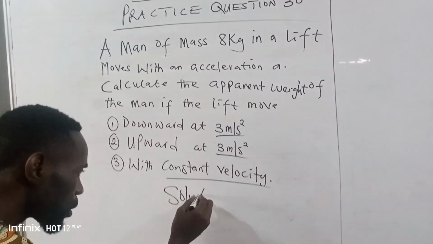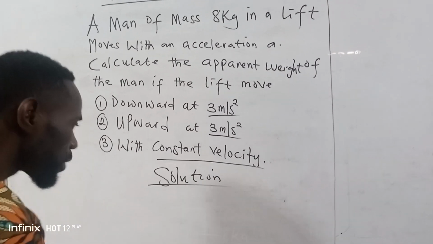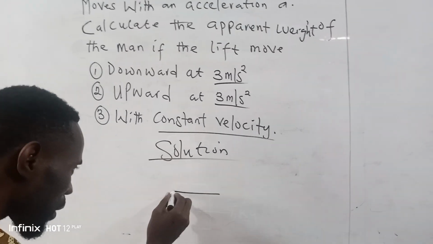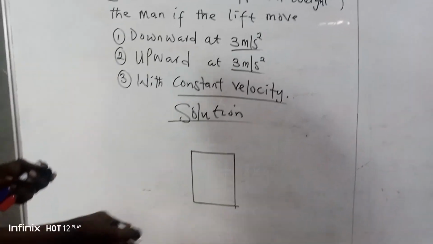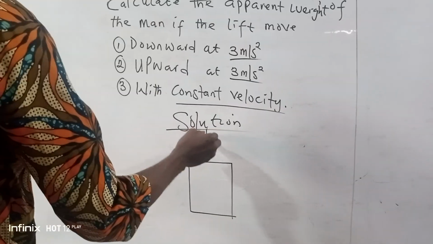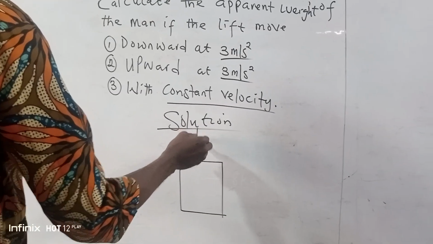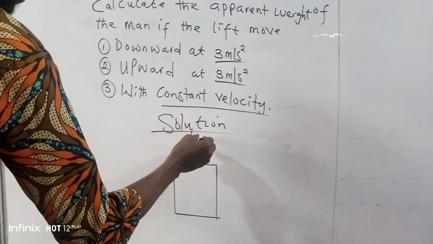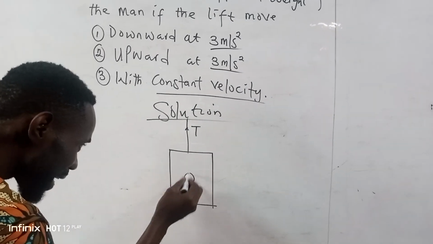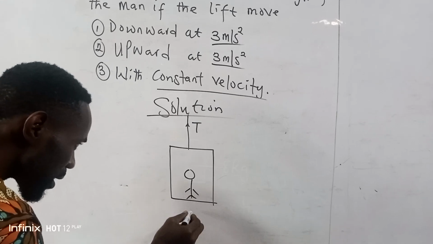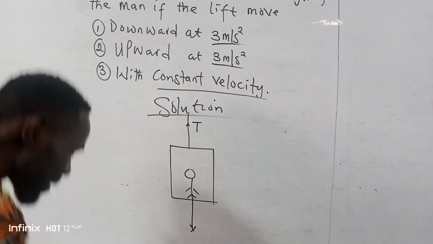Solution. To solve this problem, number one, we draw the diagram of the lift. This is the lift, and the lift has a string attached holding it in place, and there is a tension in that string, T. And this is the man inside of the lift. The weight of this man is acting downward.